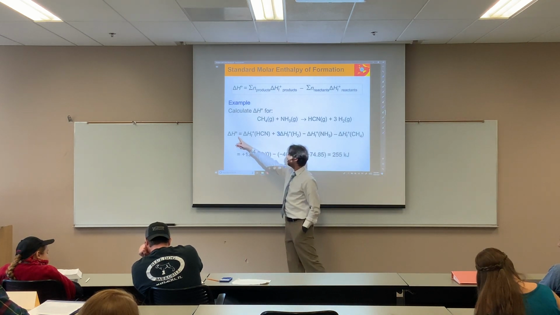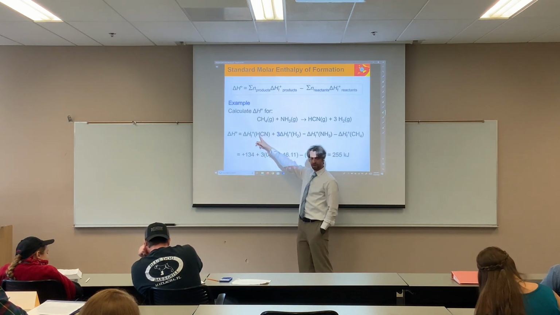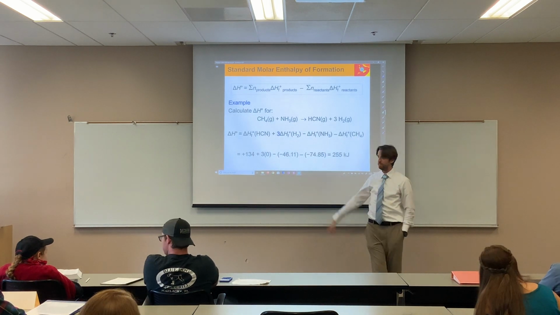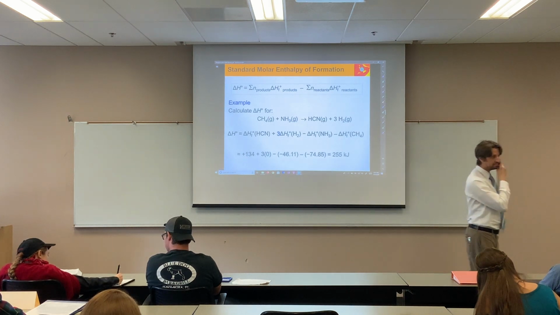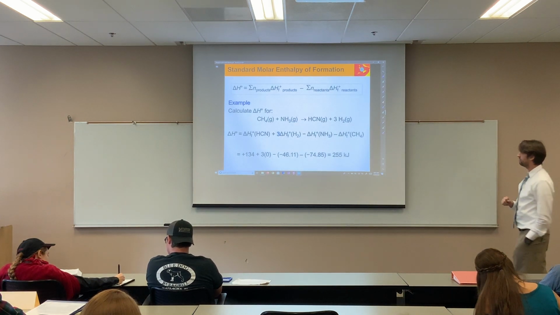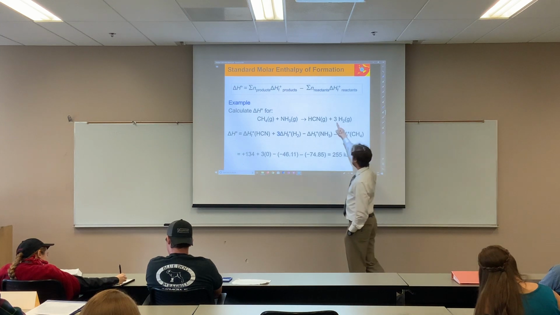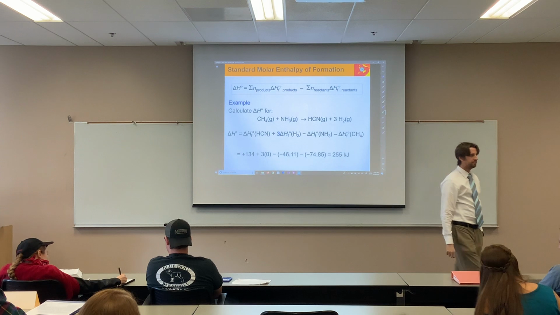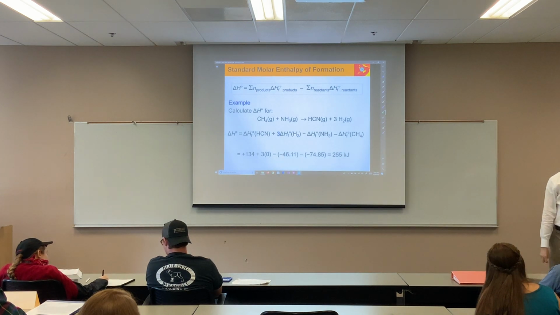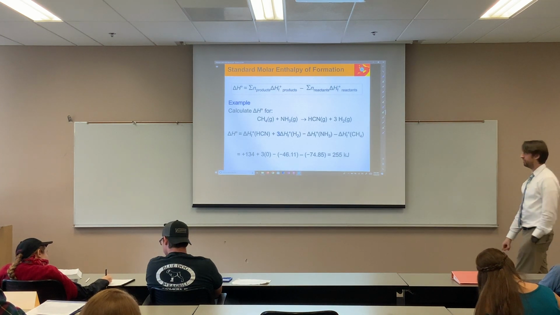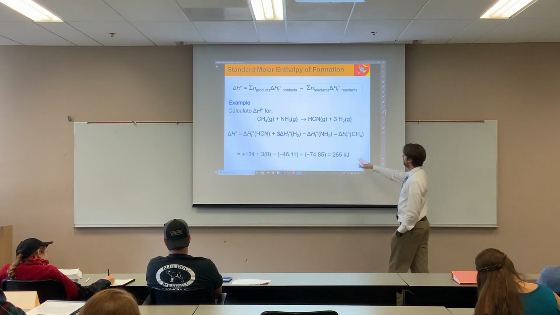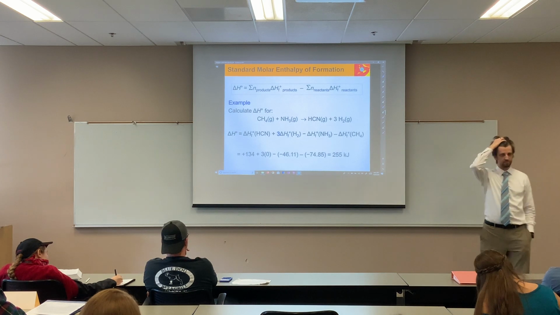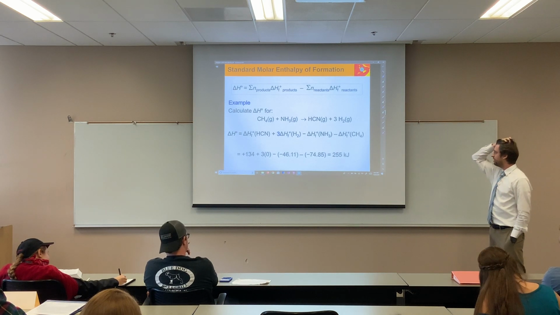Then the process becomes: look up delta H for hydrogen cyanide, for hydrogen, for ammonia, and for methane. Don't forget to bring your stoichiometry. So, the sum of the products minus the sum of the reactants.